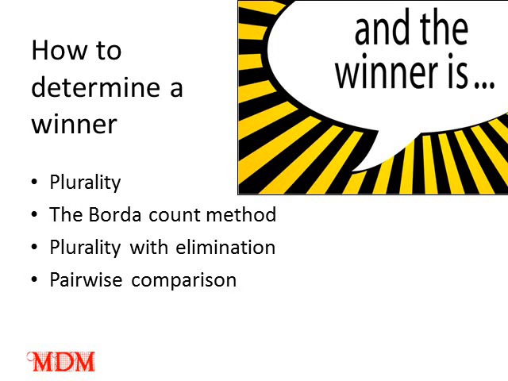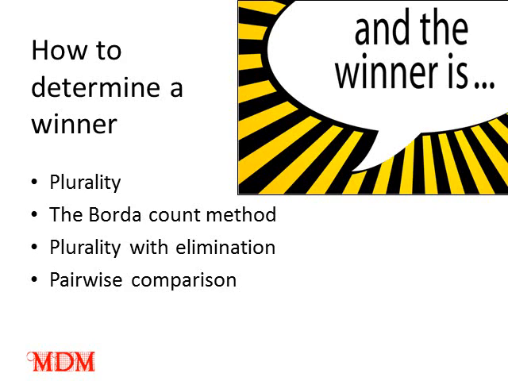With so much additional information, it can be tricky to determine a winner in a preference ballot election. There are actually many different models used to determine a winner. A winner can be determined by plurality, the option with the most first-place votes, use of the Borda method to assign values to each place ranking, use of plurality with elimination, or automatic runoff until one option remains a majority, and pairwise comparison, which compares candidates to each other in head-to-head contests.